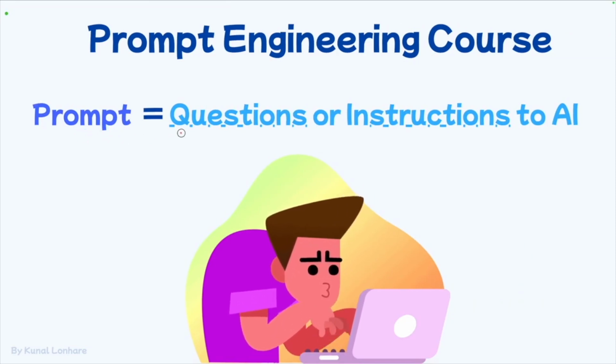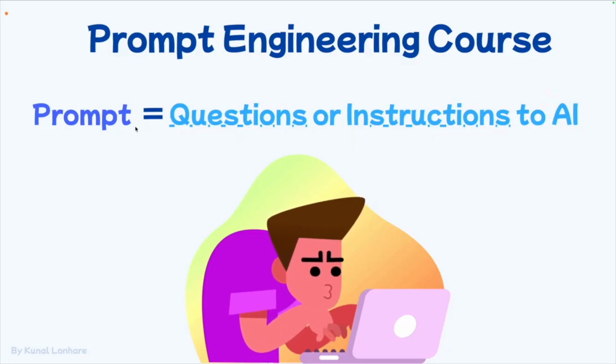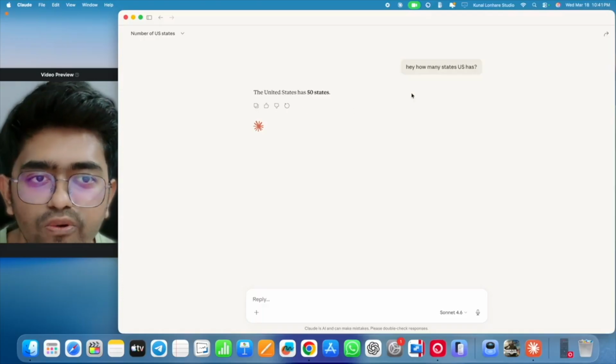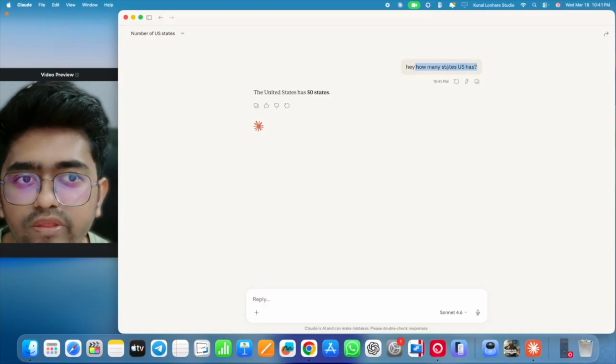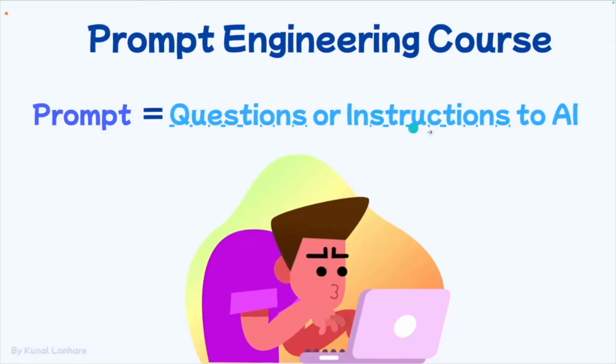It's just the question or instruction which you ask an AI tool. It could be any AI tool, but right now we are working with Claude. Whether it's an image generator AI tool or some other AI tool, all of these require a prompt, and on the basis of this prompt they will generate the response for you. That is what a prompt is all about.